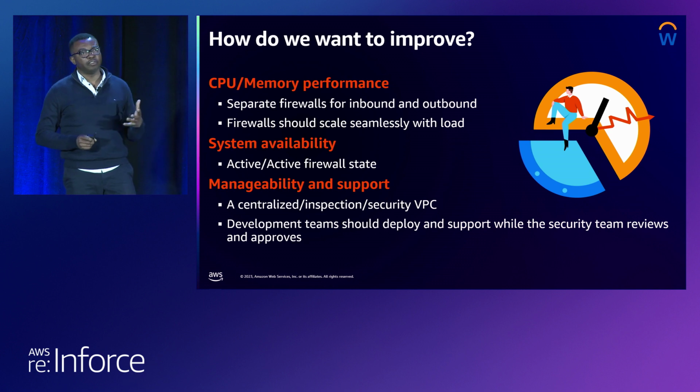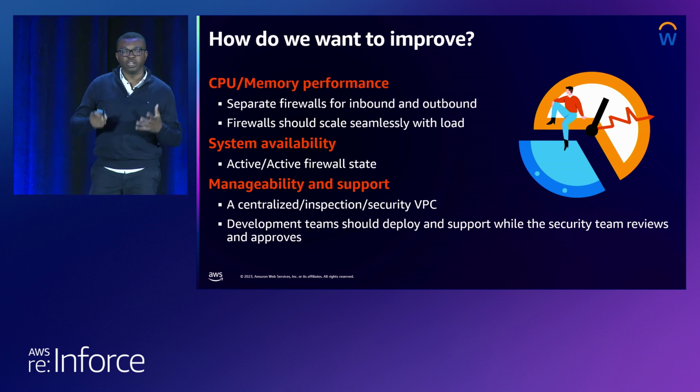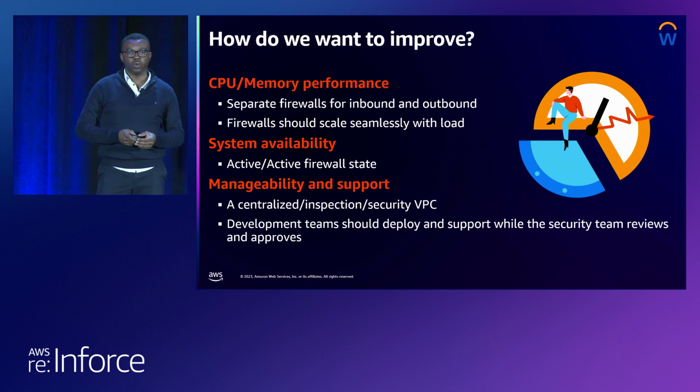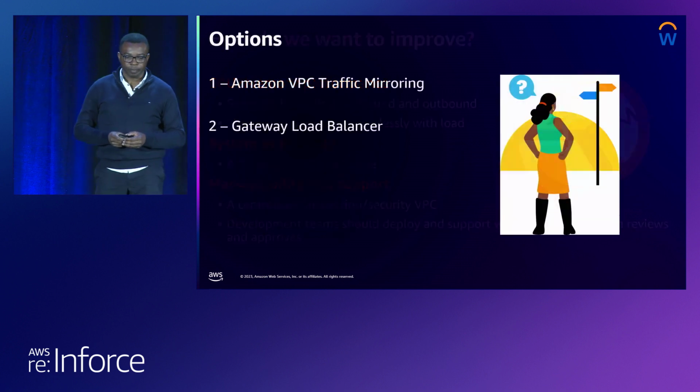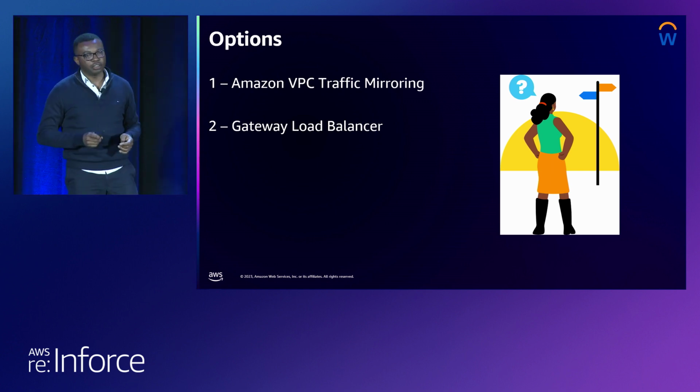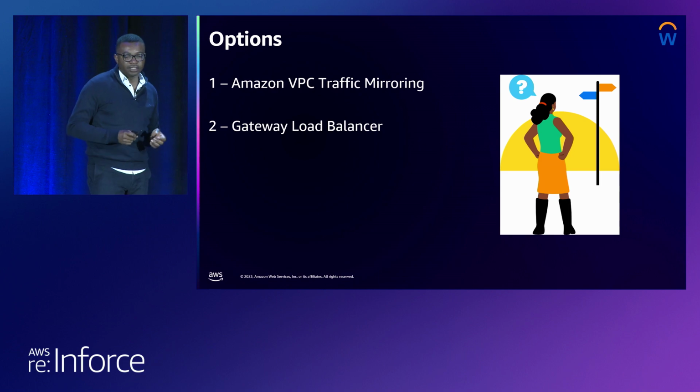We want to be at the supervisory layer, only ensuring that their design and their deployment are all in line with the Workday security standard. So we had two design options at that time. One was Amazon VPC traffic mirroring, and the second was the gateway load balancer.